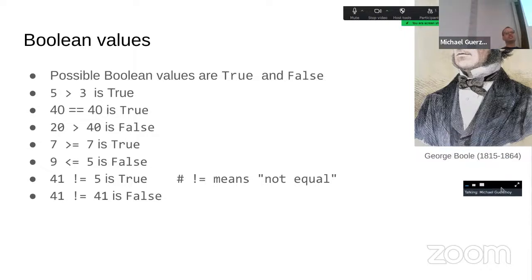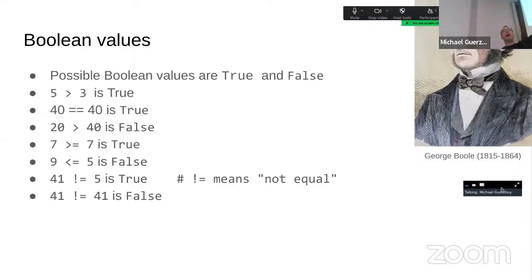So we've already seen the Boolean values. Those are special values in Python. They're true or false. In the same way that 1 + 3 is equal to 4 and 4 is a value and you can type 4 into Python, you can type in true and you can type in false, but also you can have expressions that equal true or false.